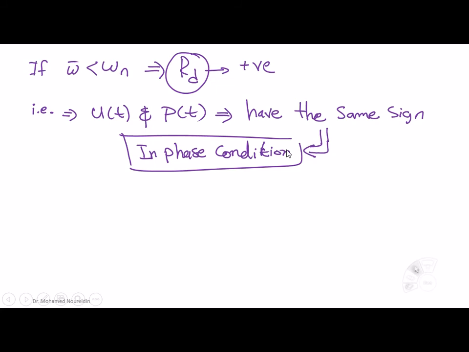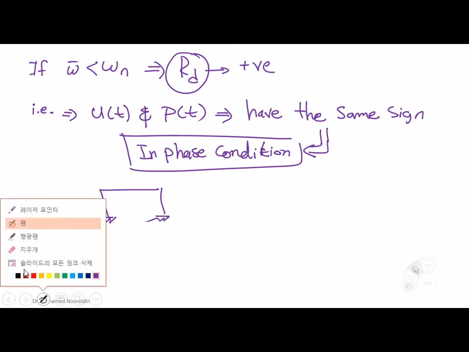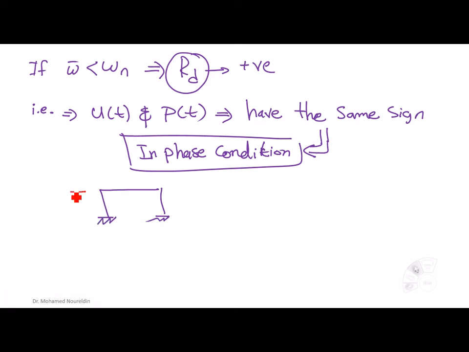If we have a structure like this and the force being applied is in this direction, which is p of t, our system is going to deform in the same direction as the force. So this is going to be u of t.